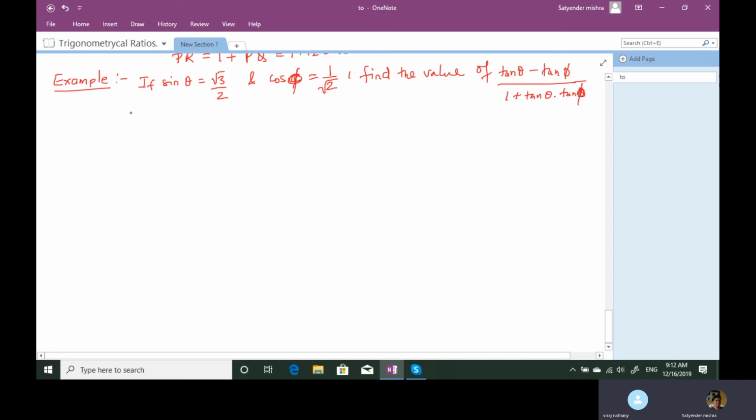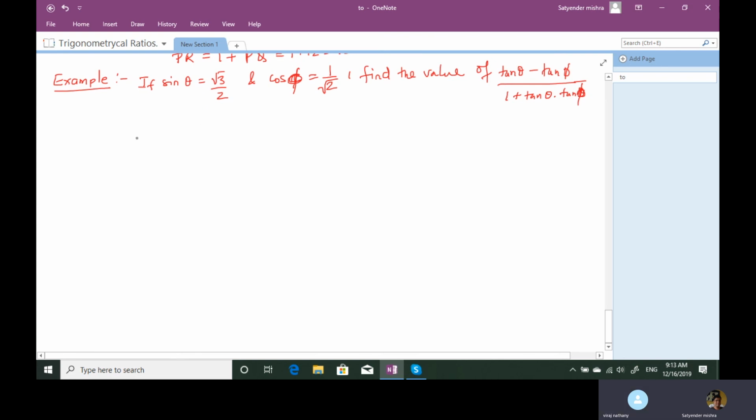So here sine and cos are given, right? So we need to find out tan.